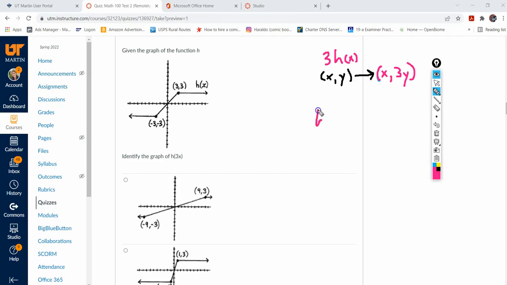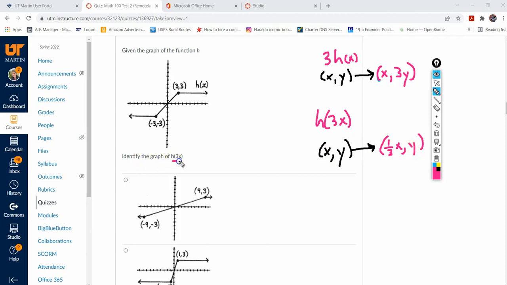If we're asked to find that, then from our chart of translations, what that does is you get a new x coordinate, and the new x coordinate is going to be the old x coordinate times 1/3, and the y coordinate will stay the same.